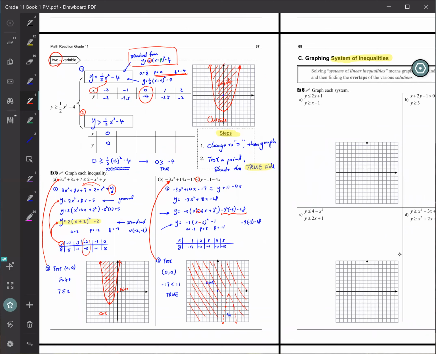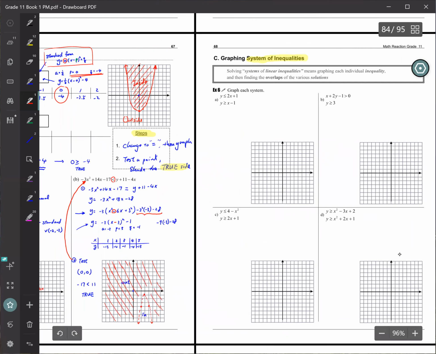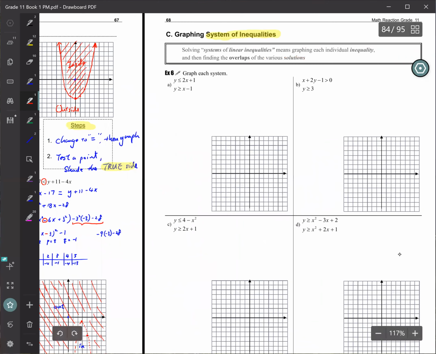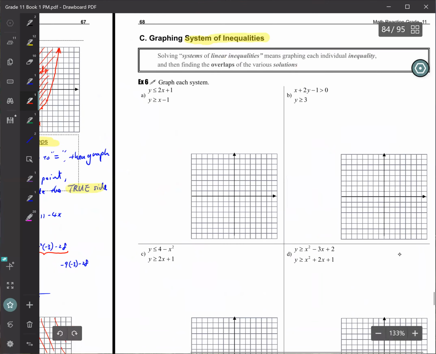It's still doing the same thing, it's just more than one. If you look at the next page, page 668, it's called graphing a system of inequalities. So you will show the answer that works for both inequalities.